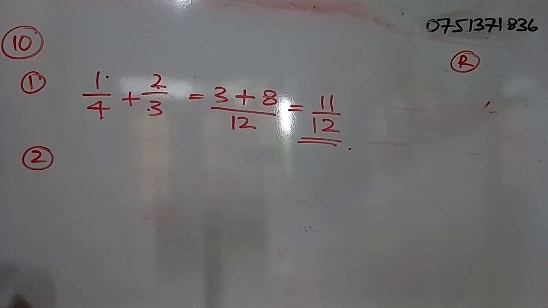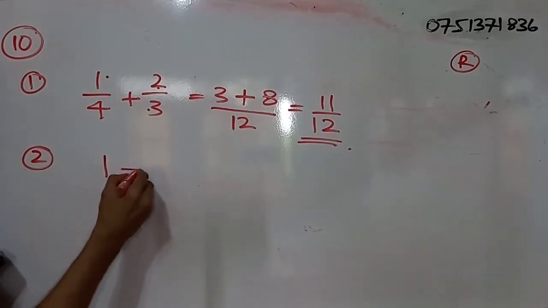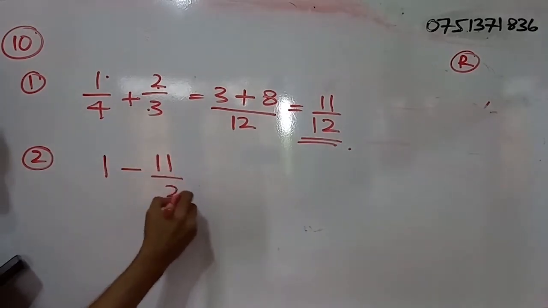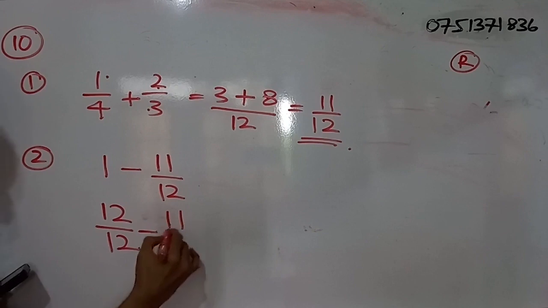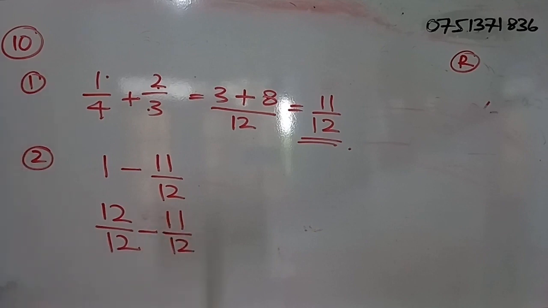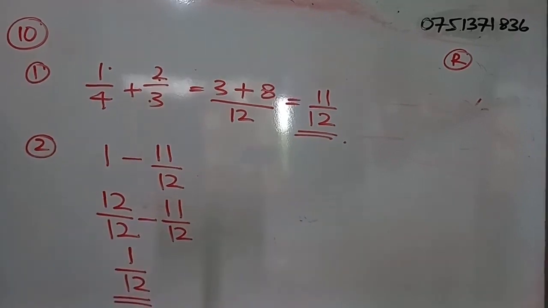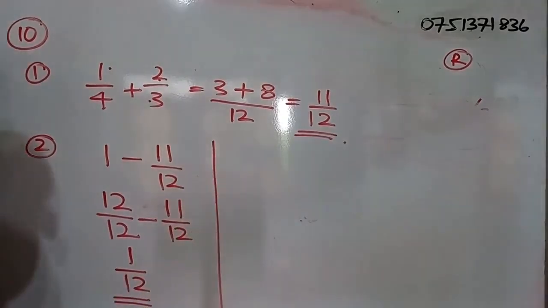So how will we find it? From 1, we subtract 11 by 12. That means from 12 by 12 we have to subtract 11 by 12. So what will be the answer? 1 by 12. And also just think, we don't even have to do the subtraction.